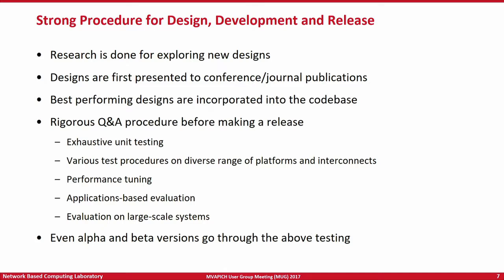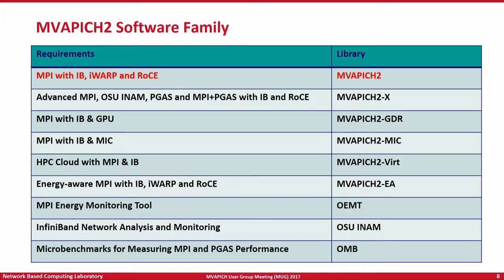So having gone through that initial very high level overview, let's go into some of the details, the features offered by our several software families like MVAPICH2, MVAPICH2-X, which is meant for the MPI+X or PGAS programming models, MVAPICH2-GDR, which is meant for GPU or NVIDIA GPU accelerated clusters, MVAPICH2-MIC, which is meant for the KNCs and the upcoming KNL architectures from Intel, MVAPICH2-Virt, which Dr. Jiuxing Liu talked about in the previous talk, so I won't go much into that here.